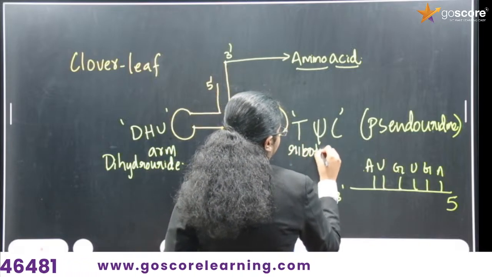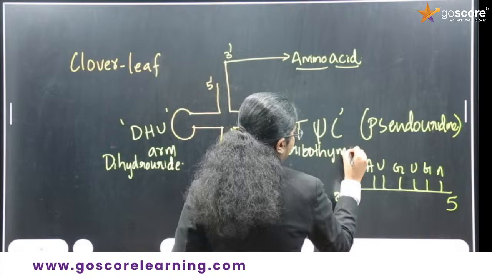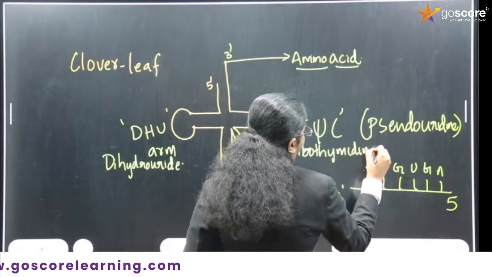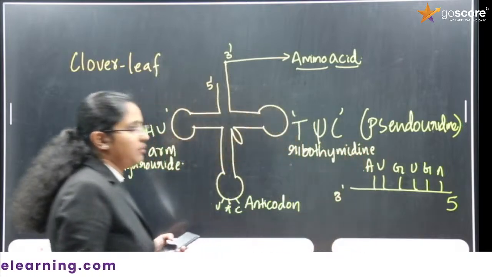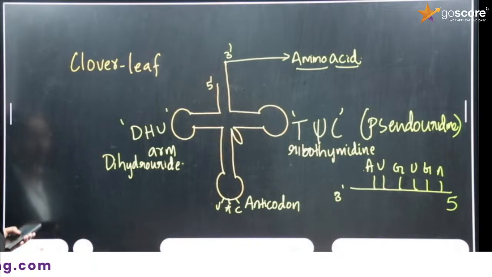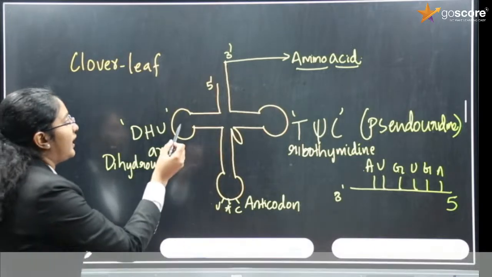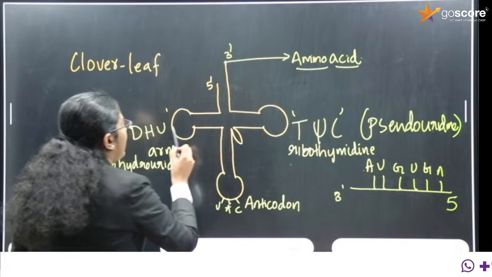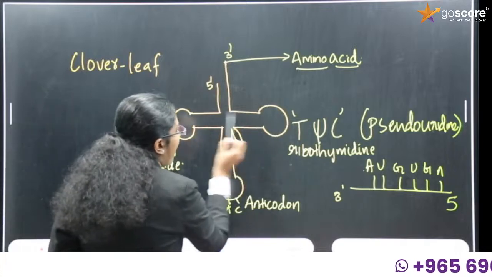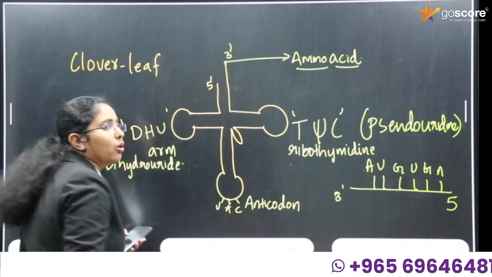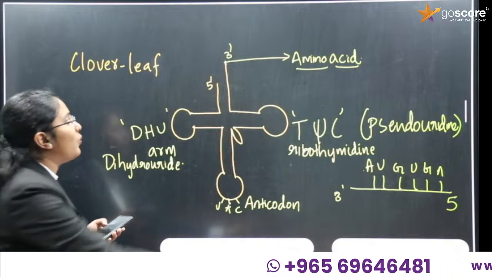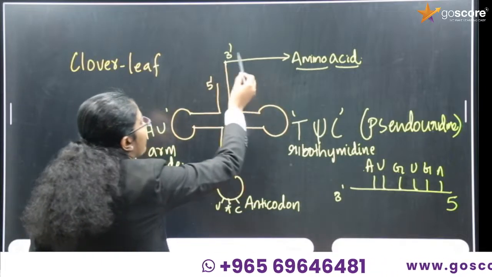Study the bases. What is the name of these bases? See, once again, it has a 5' end. It has two different arms. It has an anticodon loop. And what is the speciality of the 3' end?